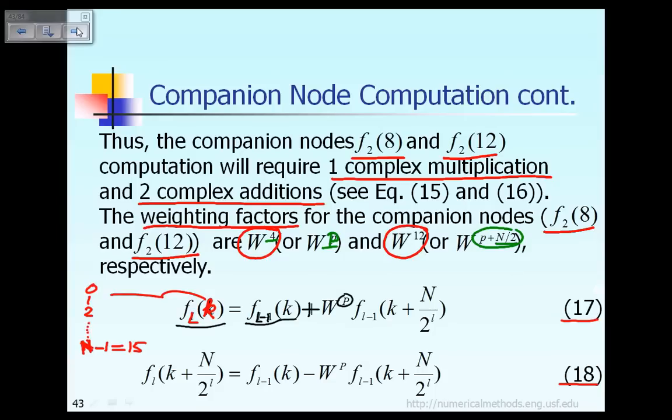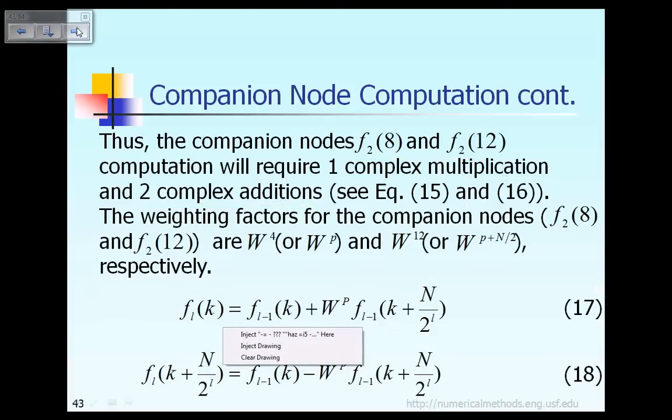Multiply with the same previous vector L minus 1 at the location K plus N divided by 2 raised to the power L. Please remember this, because the computation of node K will also involve the computation of the companion node, which is K plus N divided by 2 raised to the power L.